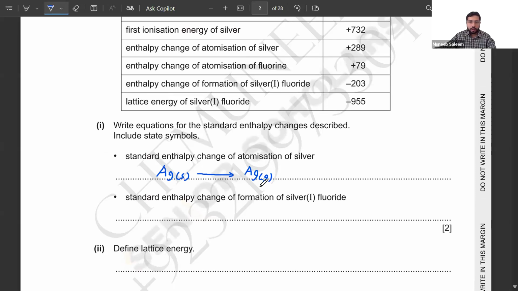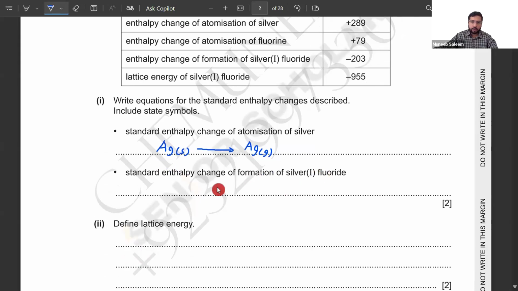So this is the equation for the first one. Now the second one is enthalpy change of formation of silver(I) fluoride. We should remember that silver fluoride is AgF. Now Ag in this case will be in solid form because we are considering the enthalpy change of formation.